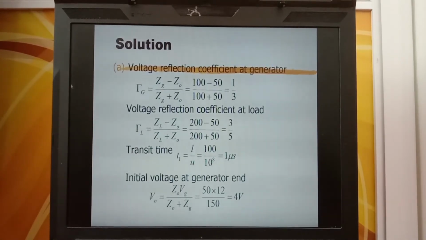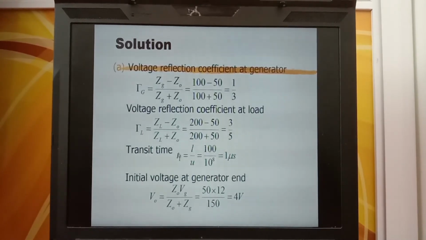Let us first calculate the reflection coefficient at the generator and also at the load. At the generator, the reflection coefficient is given by ZG minus Z0 over ZG plus Z0. That gives us 1 over 3. And at the load, the reflection coefficient is given by ZL minus Z0 over ZL plus Z0, and that gives us 3 over 5.